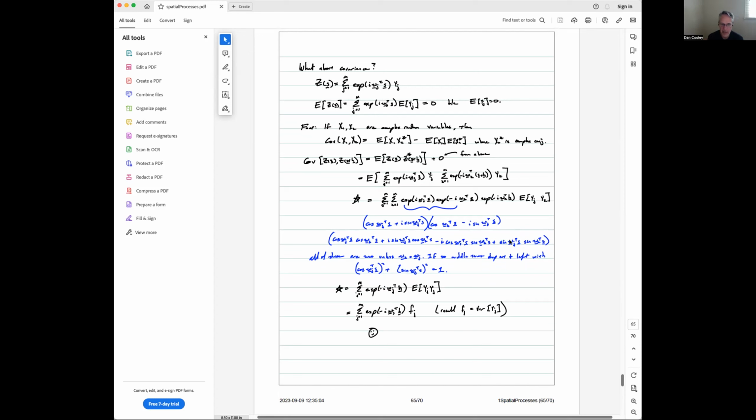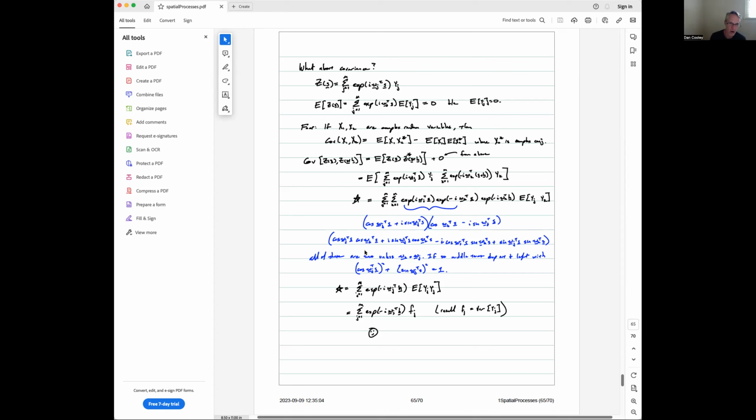We said that these functions are orthogonal. We saw it in the discrete case, that these cosine and sine basis functions were orthogonal. That continues to be true.